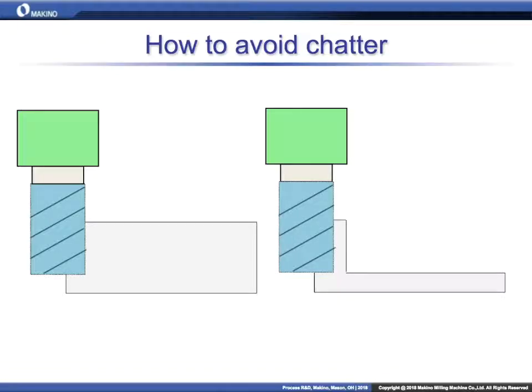Okay. And now we've chosen this extreme example. There are better ways to machine this feature right here. Right. Thin wall machining is very well developed, and there are better strategies to create this thin wall. We're not trying to say make a thin wall like this.